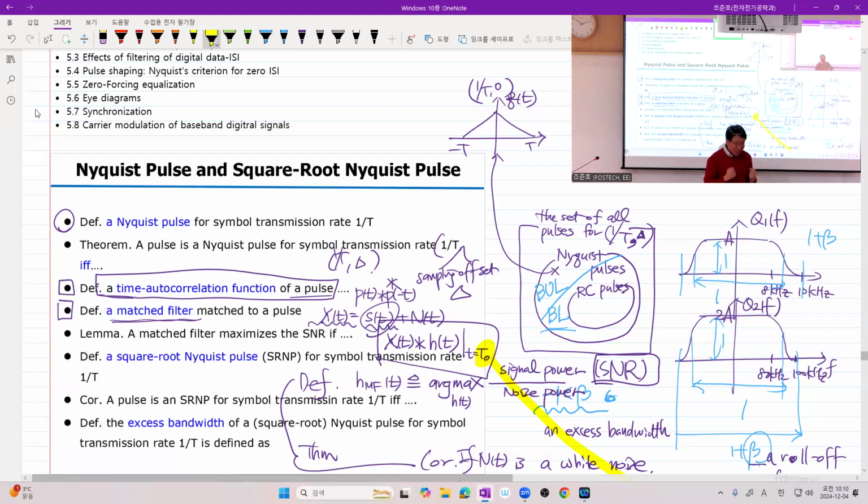So I said, hey, what kind of pulse do you use? And I found that they use Nyquist pulses. No idea about square root Nyquist pulses, because they didn't use square root Nyquist pulses at all. They just use raised cosine pulse, sometimes a time domain rectangular type pulse, not even a triangular pulse. So be careful. Got it?